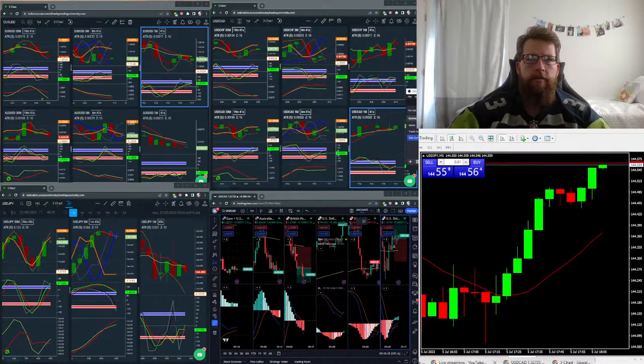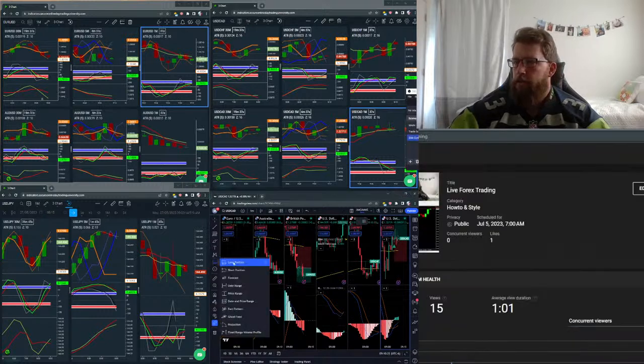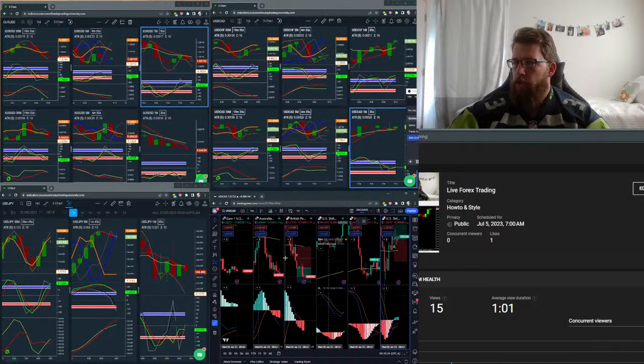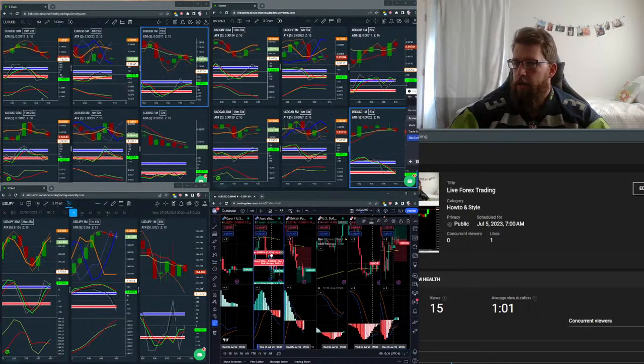Maybe. Hold on. There we go. That would be a short position right here. ATR currently is about 16. We'll go 32 point stop loss, 32 point take profit.